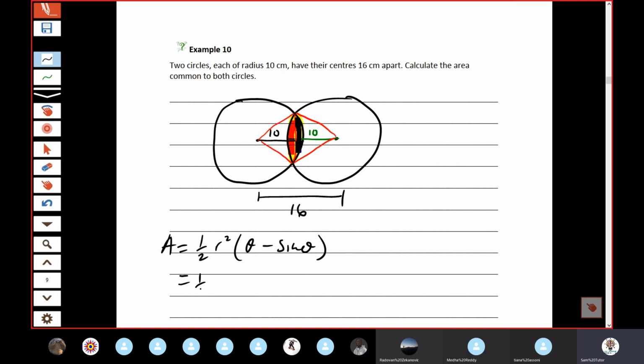So what do we've got? We've got half, we've got the radius being 10. We don't have theta. But what do we have? We've got from here to here is 16.